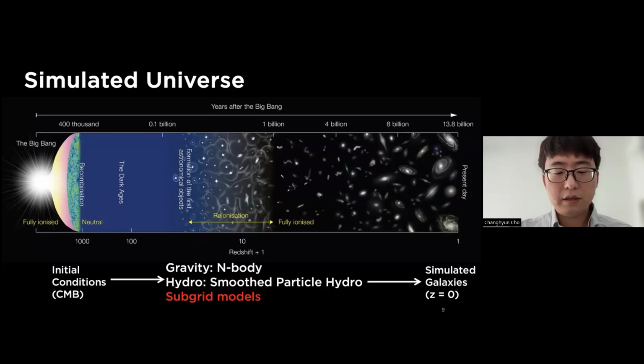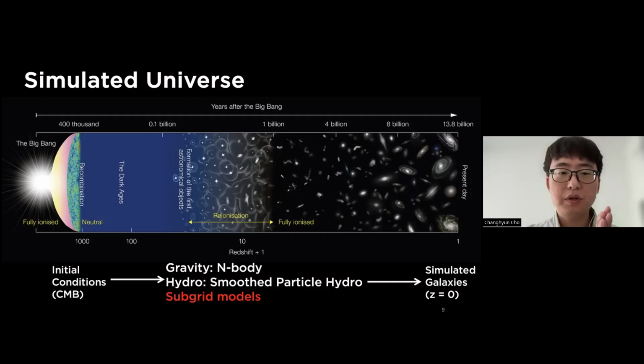Also, I didn't answer the question correctly: why do we still have so many different simulations? Because some specific physics are different. How can we simulate the universe? Just like we solve differential equations, we need to start from initial conditions.